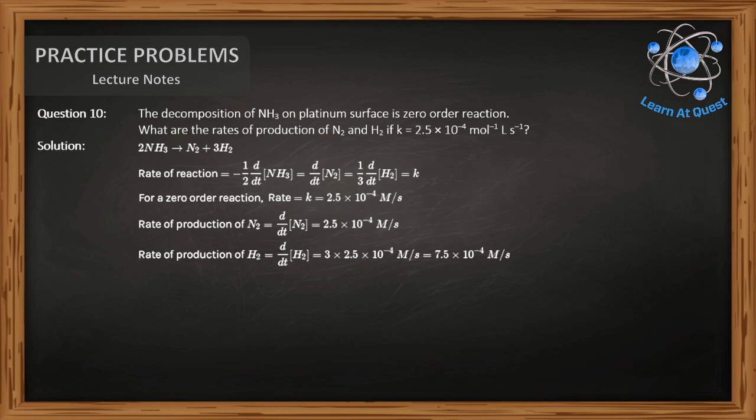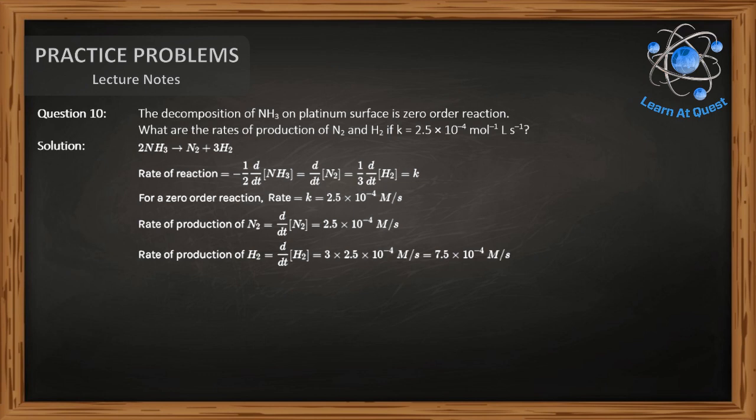The rate of reaction will be equal to minus 1 by 2, where 2 is the stoichiometric coefficient of ammonia, multiplied by the rate of change of concentration of ammonia, that is delta NH3 by delta T, which equals 1 by 1, where 1 is the coefficient of the N2, multiplied by rate of change of nitrogen concentration, which is delta N2 by delta T, which equals 1 by 3, as 3 is the stoichiometric coefficient of hydrogen, multiplied by rate of change of concentration of hydrogen, which is delta H2 by delta T.